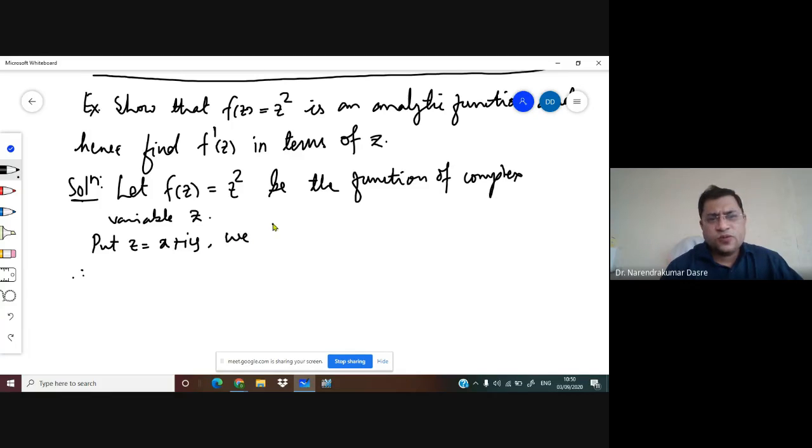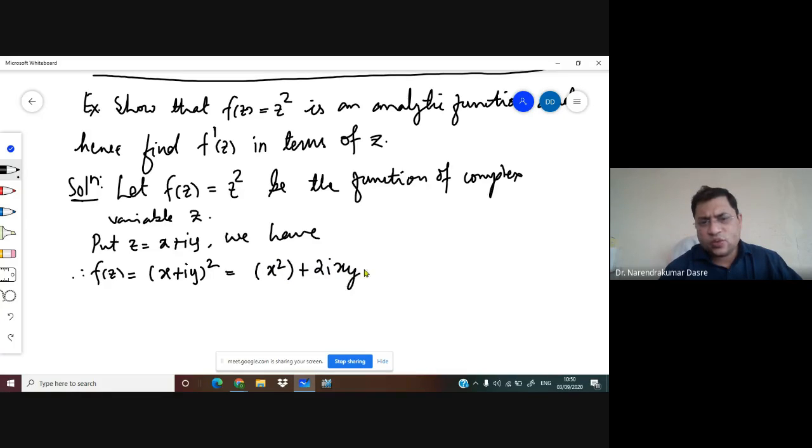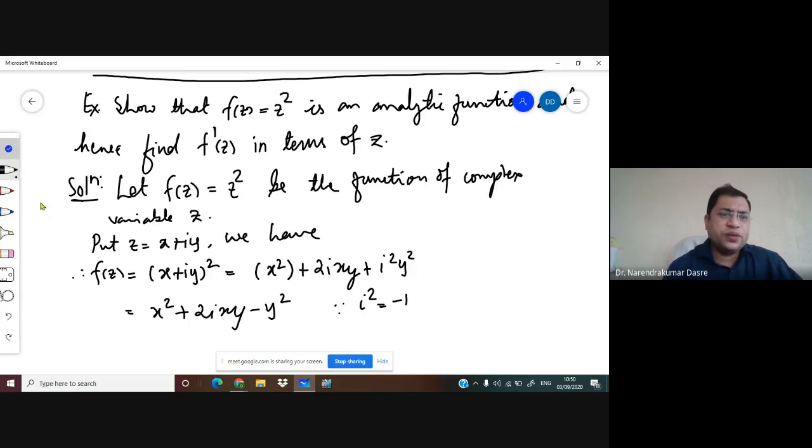So we have f of z is equal to (x plus iy) bracket square, and hence the term you will be having here is x square plus 2ixy plus i square y square. So I can write x square plus 2ixy minus y square, since i square is equal to minus 1.